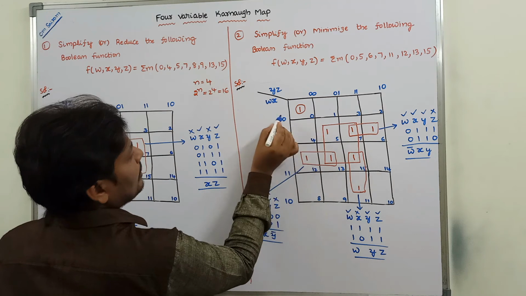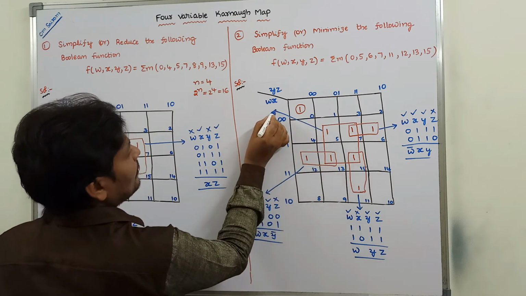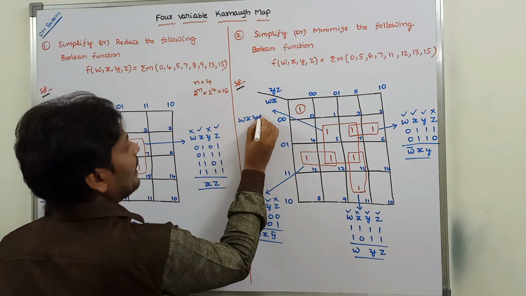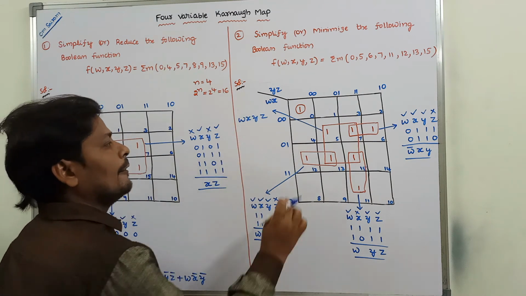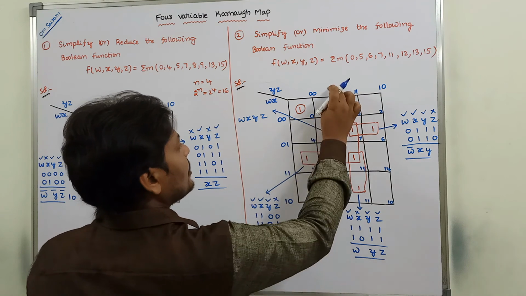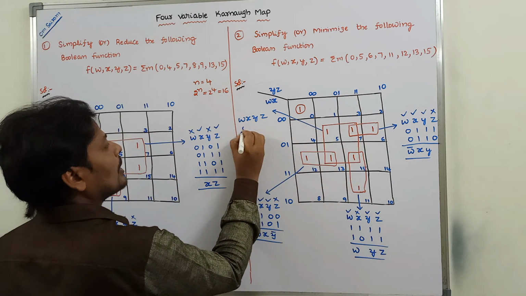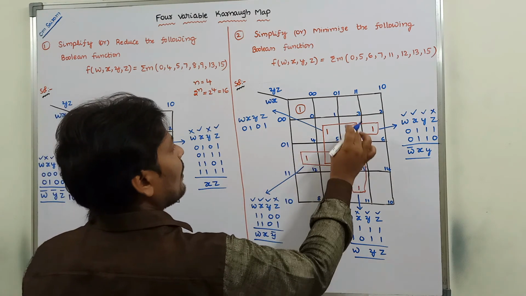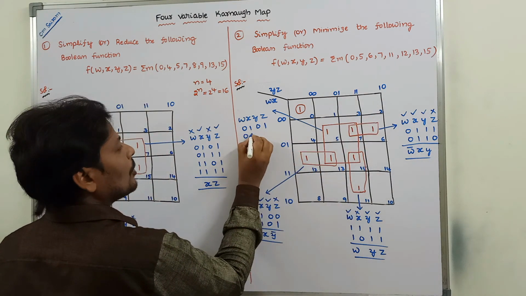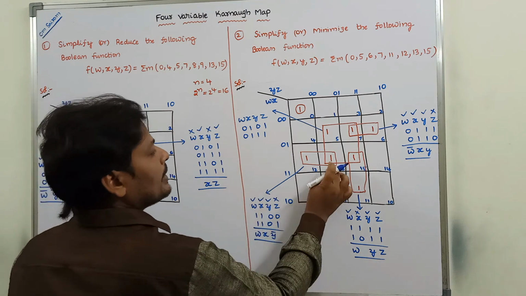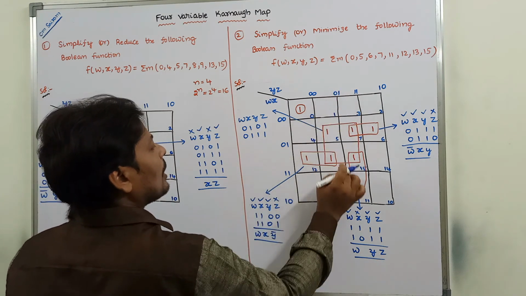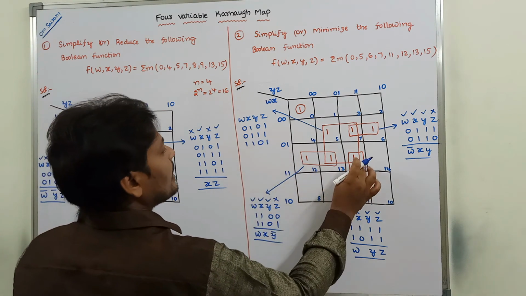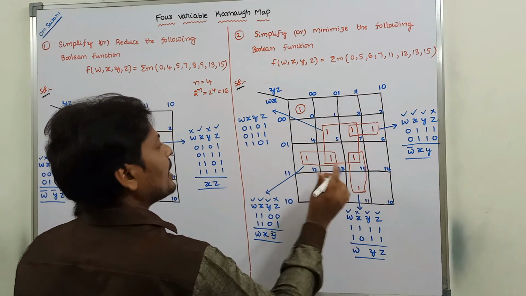Okay. Next one, this quad. We write W, X, Y, Z. For this one, row wise 0 1, column wise 0 1. For this one, row wise 0 1, column wise 1 1. For this one, row wise 1 1, column wise 0 1. For this one, row wise 1 1, column wise 1 1.